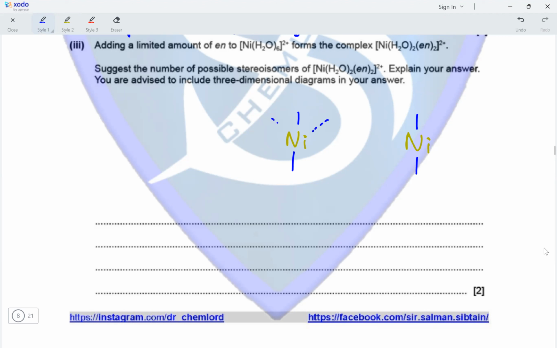So these are the positions of binding of the ligands in an octahedral complex. After completing this, we will place the ligands where they are supposed to be placed. And after that, we will draw another isomer, which is an optical isomer of the cis isomer drawn.